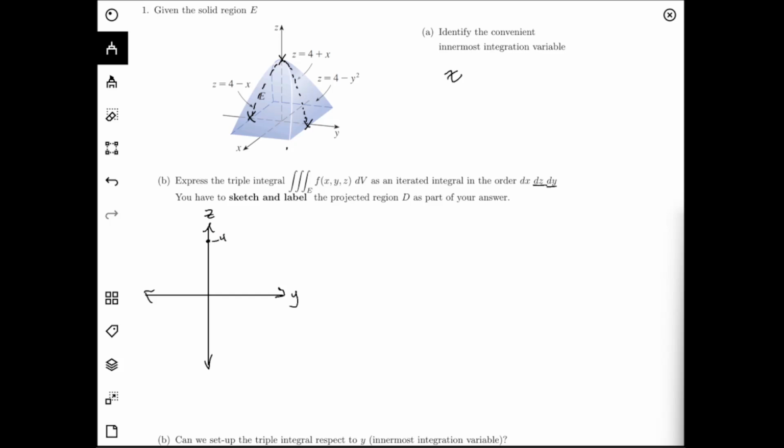So put this up here at 4. And down here, where z is equal to 0, that gives us 0 equals 4 minus y squared. So y squared equals 4, so it's 2. So the intersections are at 2, 2.